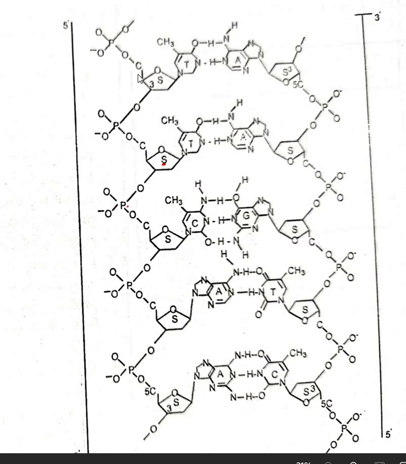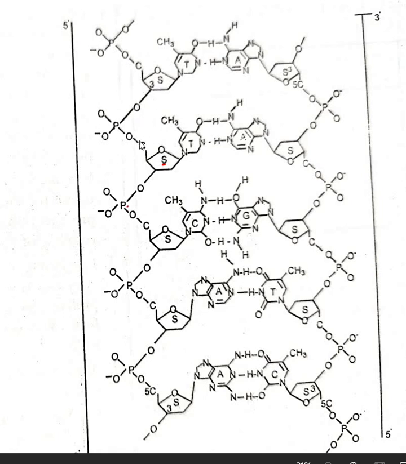So this is the sugar. Look here, the sugar: carbon one, two, three, four, and the fifth carbon. Every sugar molecule has phosphate on its fifth carbon and on its third carbon.